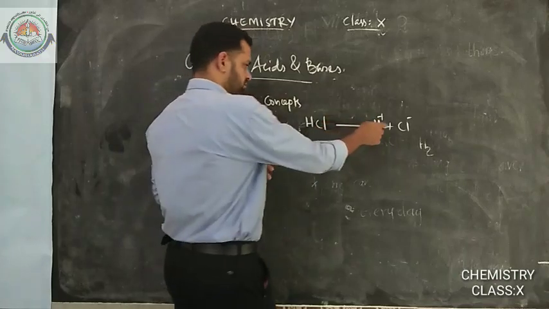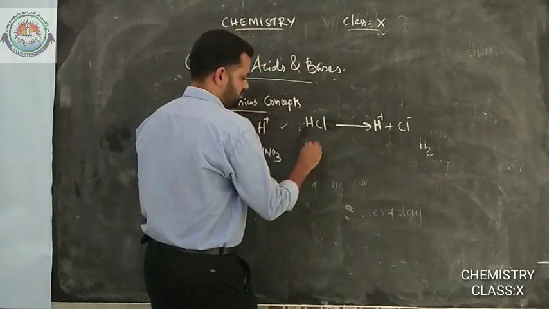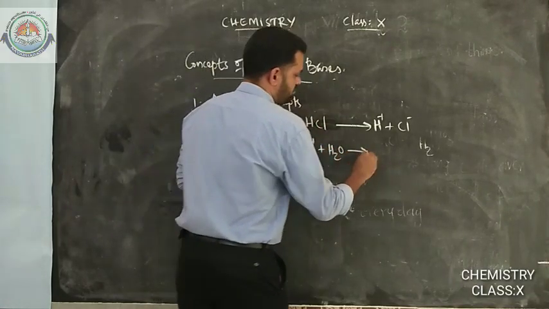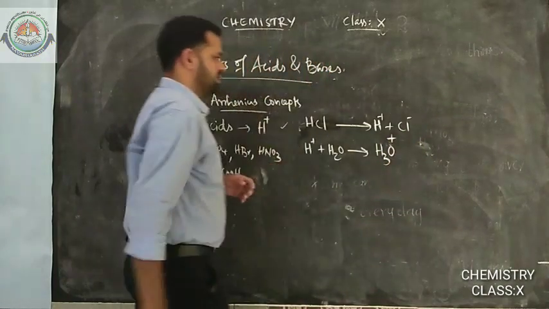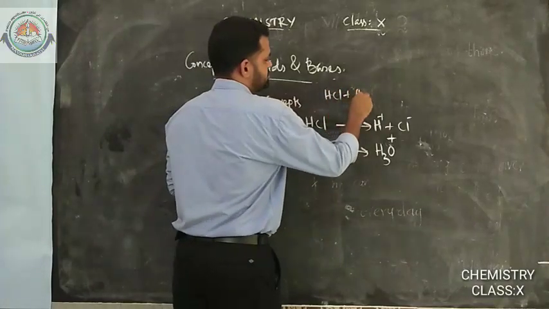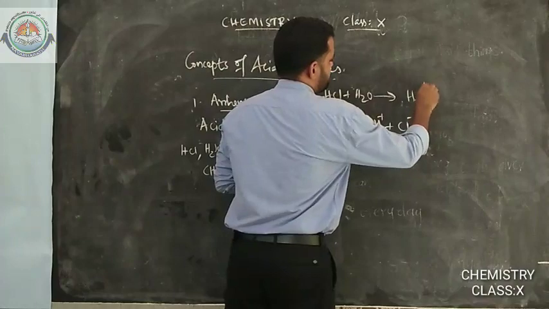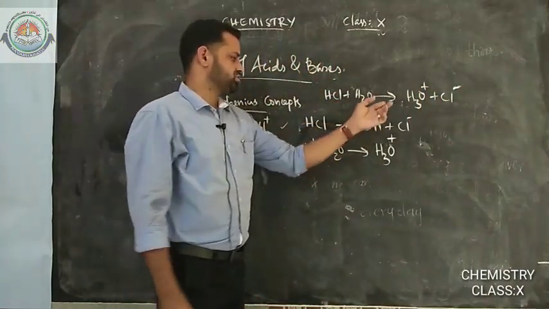When this H plus ion reacts with the water, it forms H3O plus ions. Generally, we can represent it like this: HCl plus H2O gives H3O plus Cl minus. This is the sum of these two reactions.